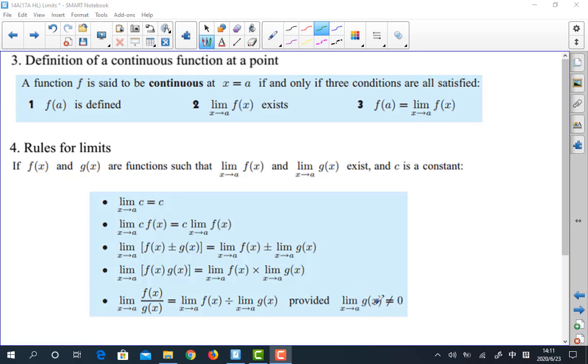This limit, g of x, cannot be 0. As to these 5 rules, you are not expected to know how to prove them, because we will never learn the abstract definition for limits in our DP math courses. We usually use the abstract definition to prove those 5 operation rules for limits.